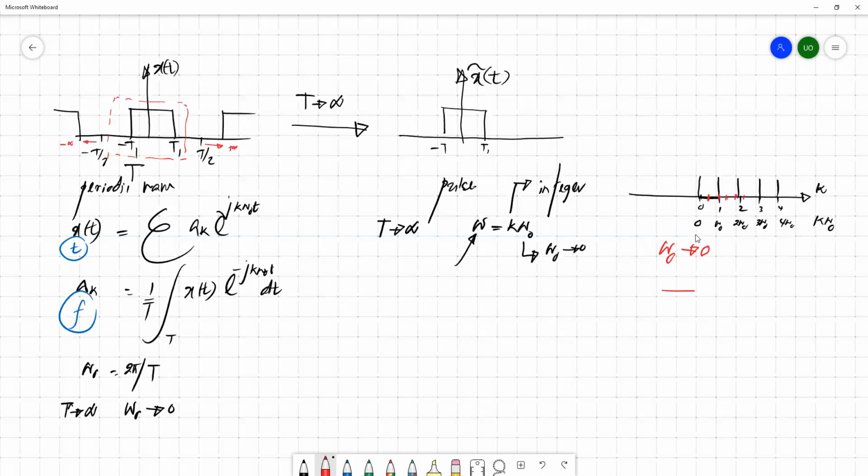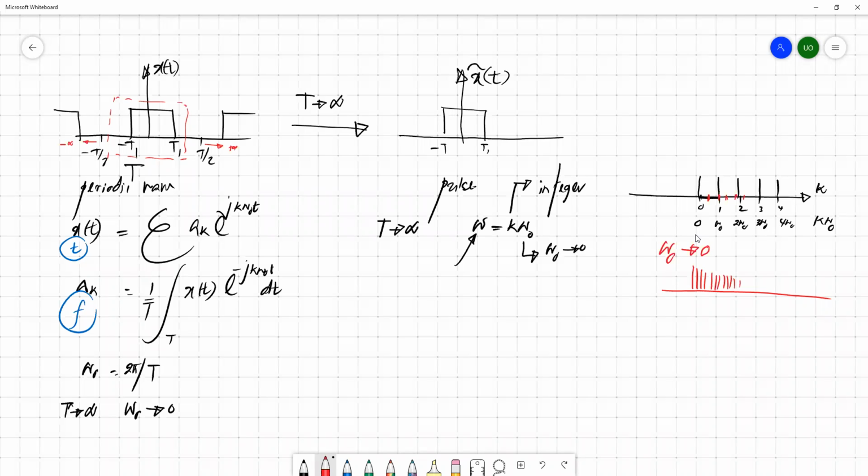So then what happens? We basically have samples which are very close, because omega naught goes to 0. At the end of the day, the samples have 0 gaps.